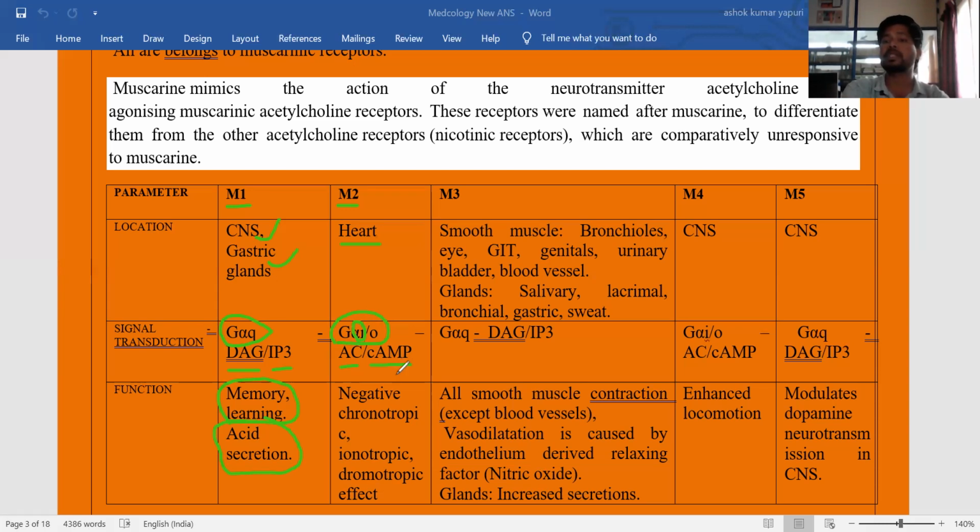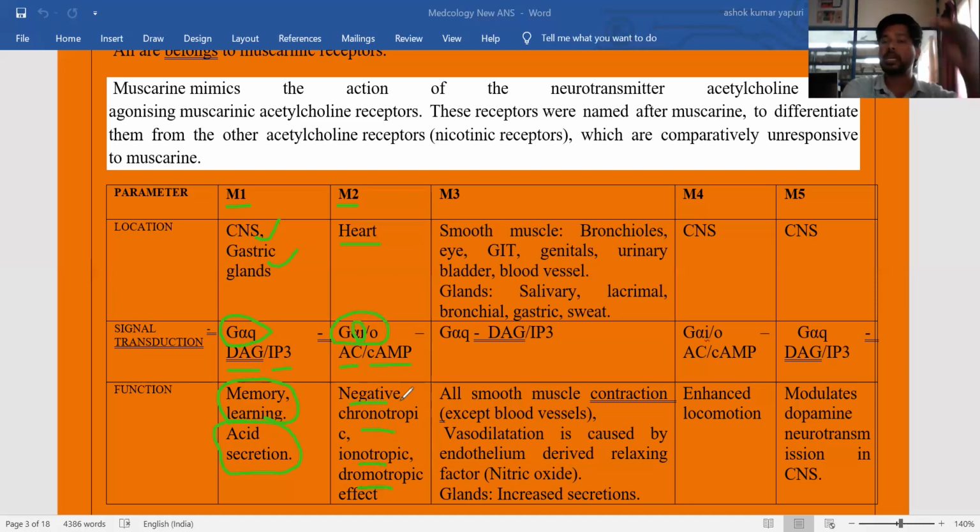Generally, the sympathetic nervous system, especially adrenaline, increases cyclic AMP levels in the heart and increases the heart rate. But the parasympathetic nervous system, acetylcholine, is opposite to adrenaline. So what is happening here? Negative chronotropic action, negative inotropic action, and negative dromotropic action.